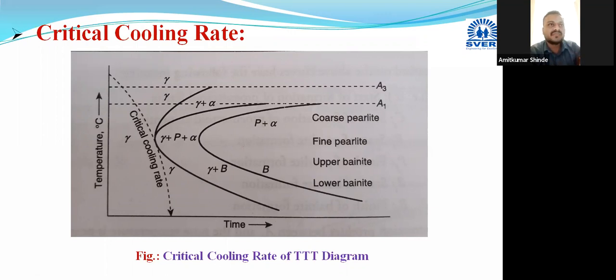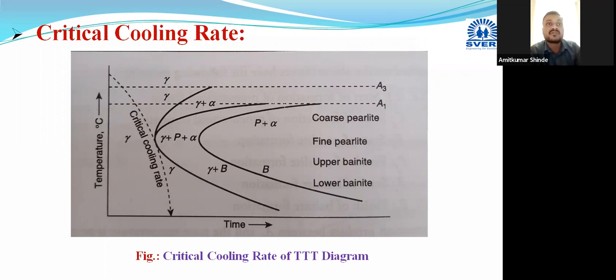Now, in other words, austenite is transformed into three products. The transformation products of austenite are three: pearlite, bainite, and martensite. Now here the martensite is formed by diffusionless transformation.